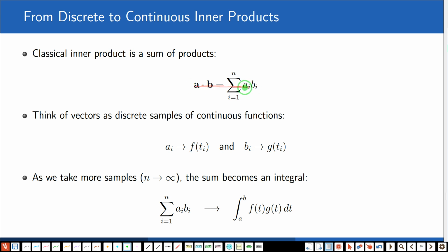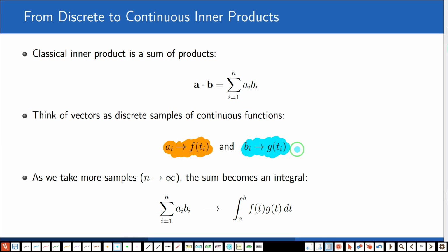Assume that we have these vectors, and assume that these values, the a_i, are the values of two functions at specific times, or for specific values of arguments here. So a_i are the samples of some function, and it's the same for b_i. The b_i are the samples of some other function.